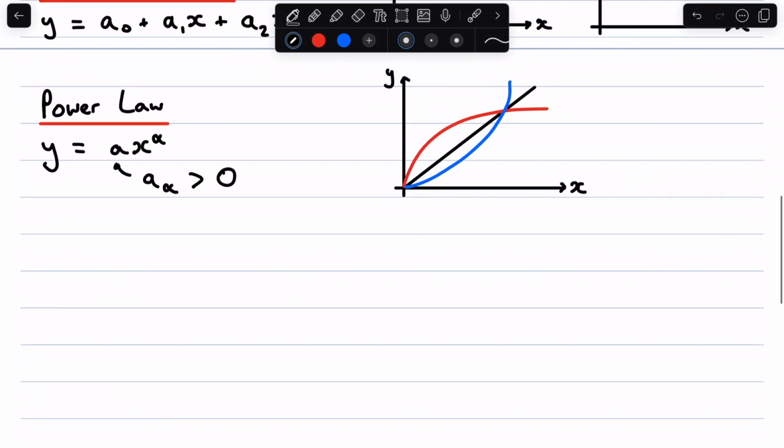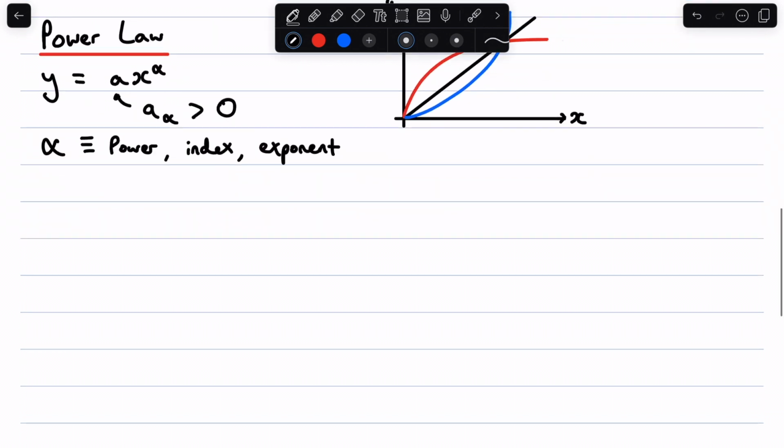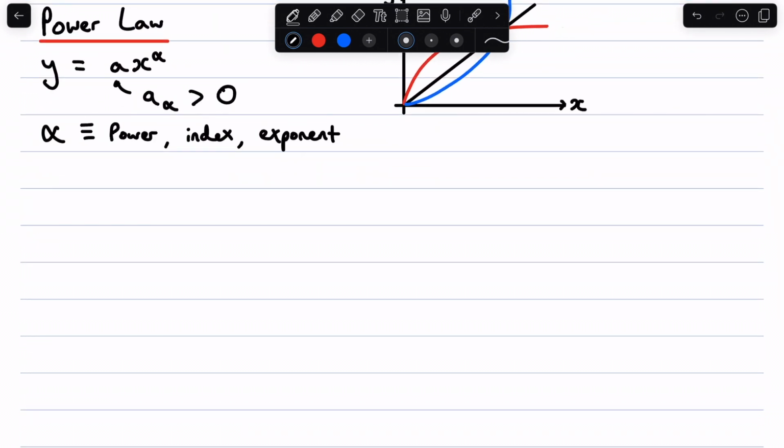So alpha here represents the power, or we could also call it the index or exponent. And if we differentiate this power law, dy by dx, we would get alpha a x to the alpha minus 1.